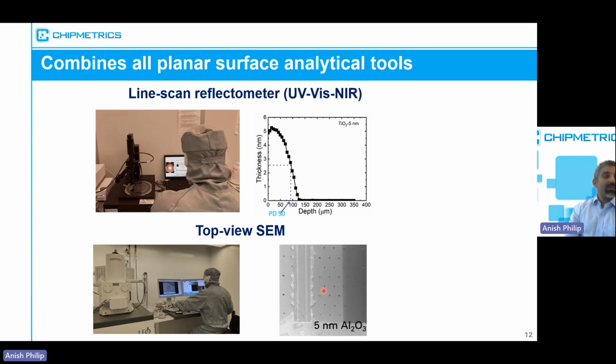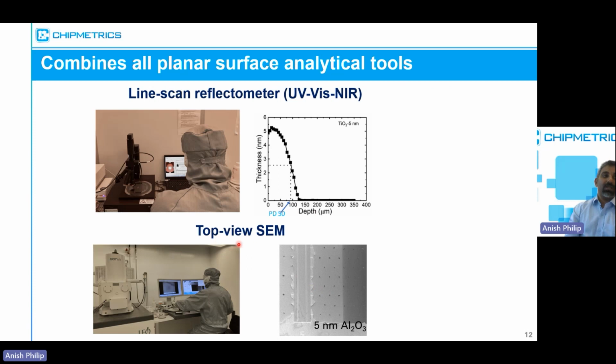You can also visualize the conformality of penetration depth using a top view SEM. As compared to the vertical structures, there you definitely need SEM or TEM, but you also need a cross section, and a nice cleavage to get a very clean picture. But here you don't need any cross section.